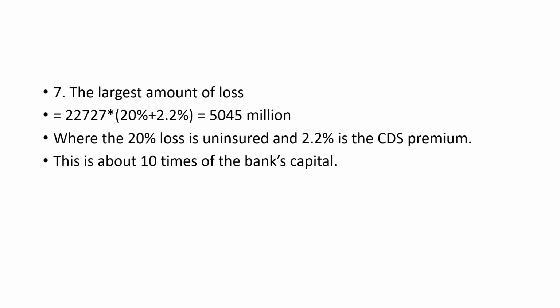This is the insurance premium. Altogether, it is equal to $5,045 million. So this amount is about 10 times the bank's capital. So it's much higher than the bank capital.